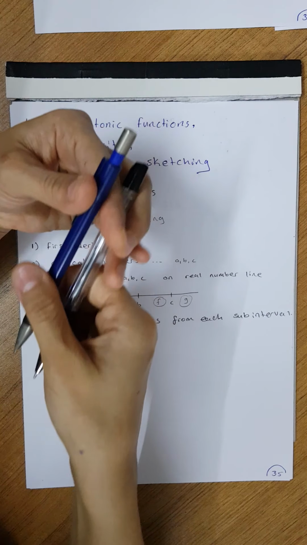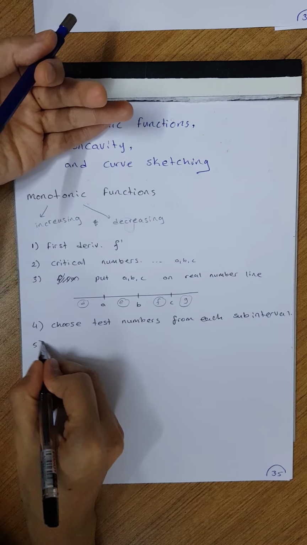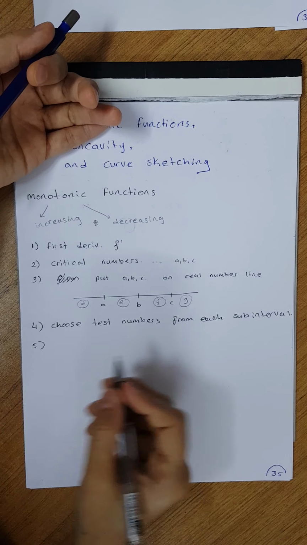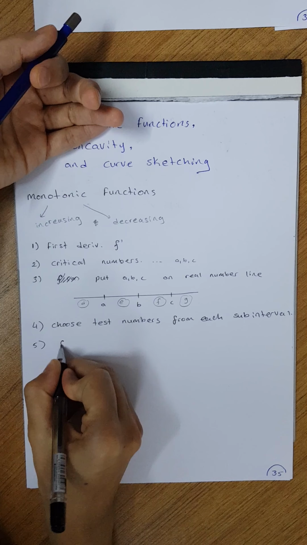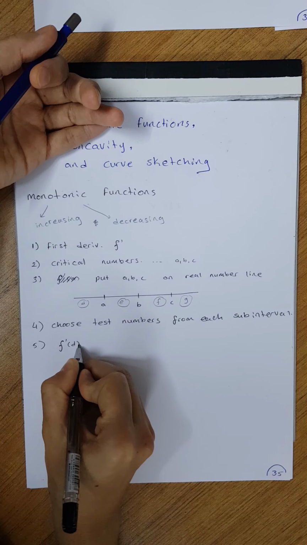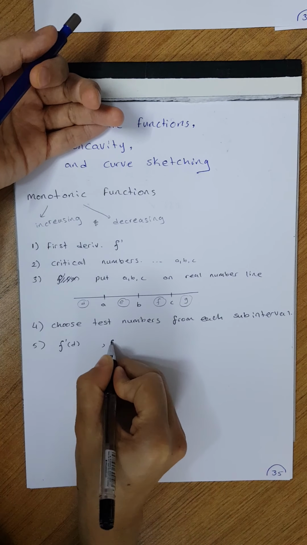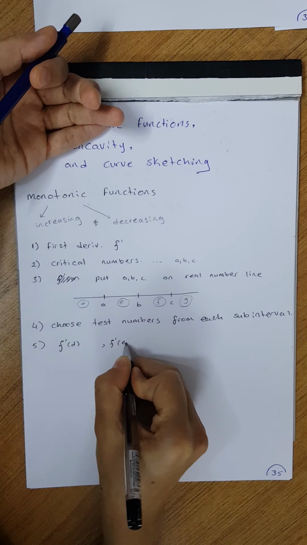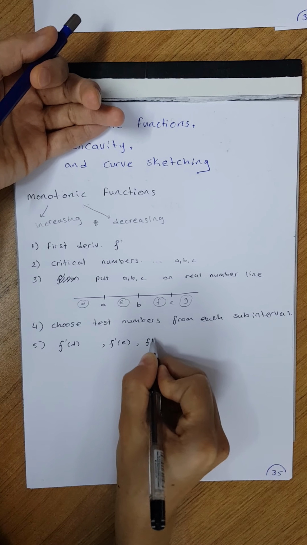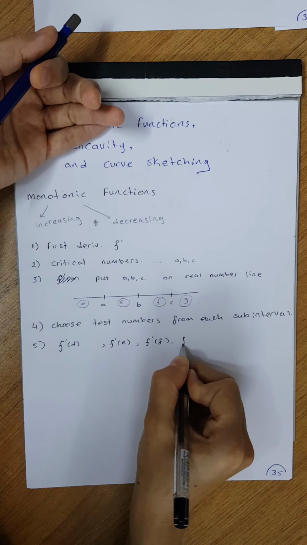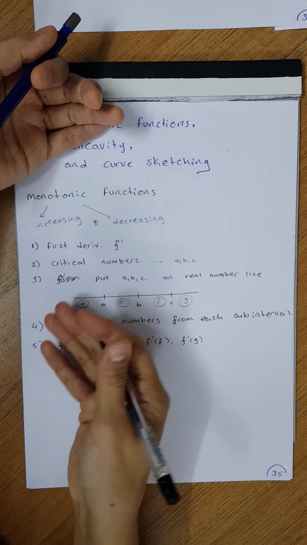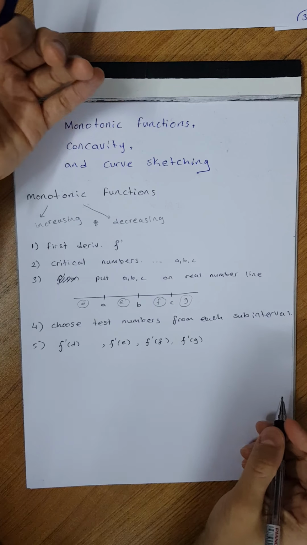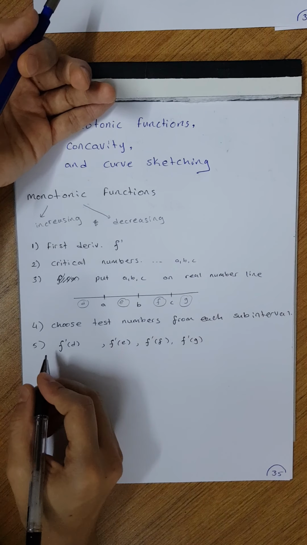Then what are we going to do? We're going to put those test numbers into the first derivative of the function. We are finding f prime of d, f prime of e, f prime of f, and f prime of g. Of course, you may have more or fewer test numbers, but I'm just talking in general, making it simple for you.